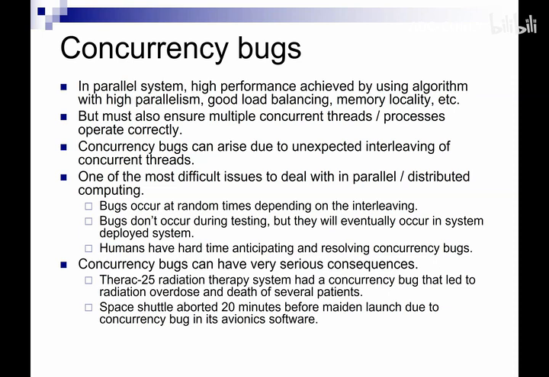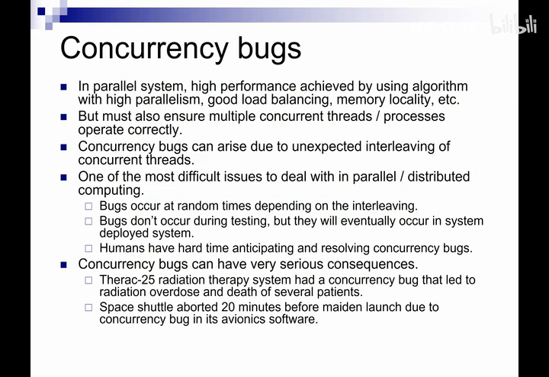Before that, I just want to mention that this is not just a hypothetical problem. These bugs have actually occurred in practice and have had serious consequences. For example, there was a machine which output radiation to treat cancer patients called Therac-25. It had a concurrency bug, and this led to the device outputting too much radiation, which actually killed several patients.